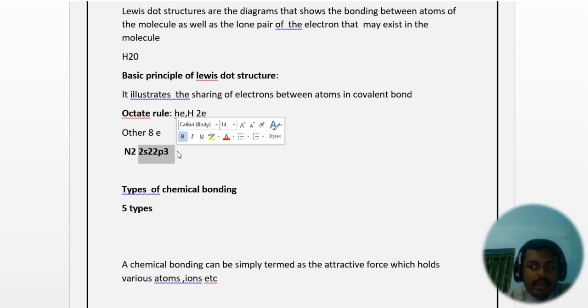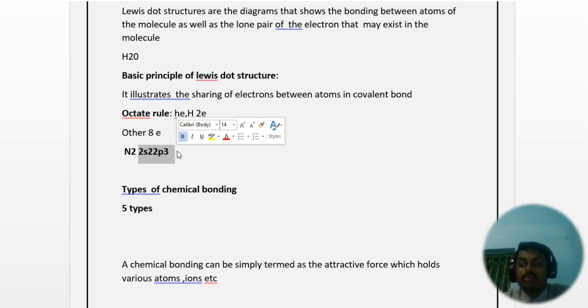Now if we move forward and discuss some of the types of bonding that exist, we can figure out that there are 5 types of bonding. What are the 5 types of bonding? These types include ionic bonding, covalent bonding, coordinate bonding, hydrogen bonding, and metallic bonding.